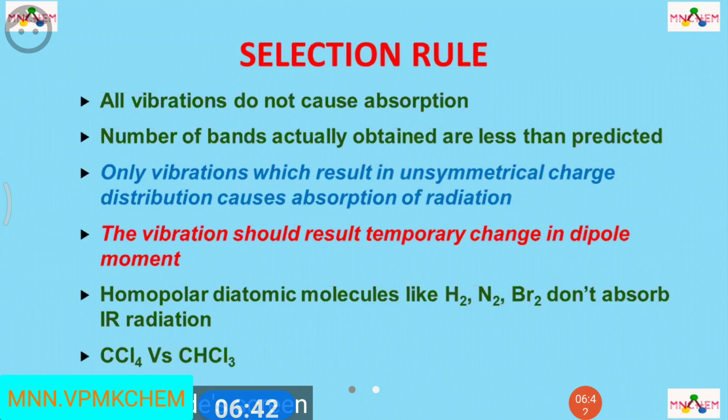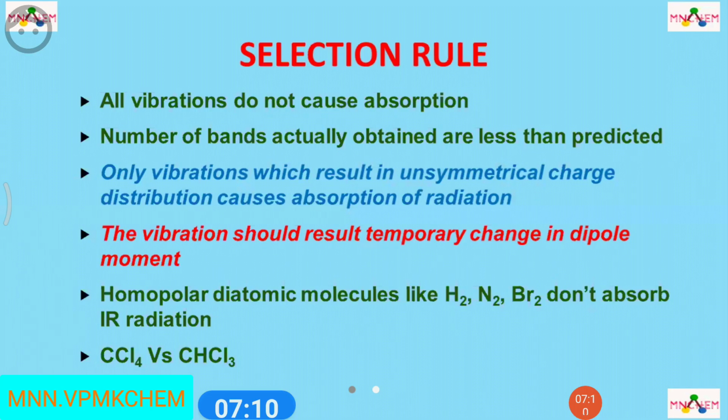Another example: when we compare carbon tetrachloride and chloroform. Carbon tetrachloride is a symmetrical molecule, and there is very little change in the dipole moment when the vibrations occur. Whereas chloroform is an asymmetrical molecule and it has a permanent dipole moment.